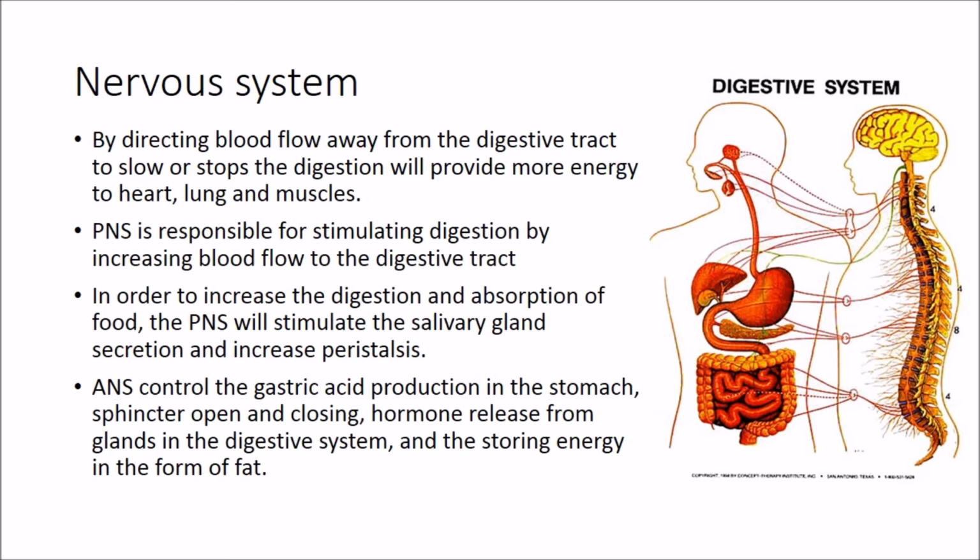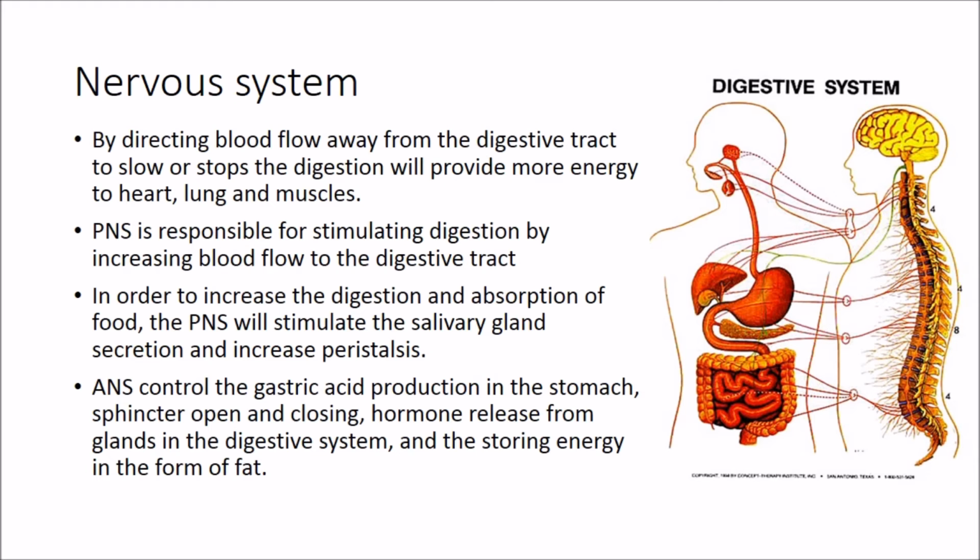The parasympathetic nervous system is responsible for stimulating digestion by increasing blood flow to the digestive tract, and it also stimulates salivary gland secretion and increases peristalsis. This will increase the digestion of food and absorption of nutrients.